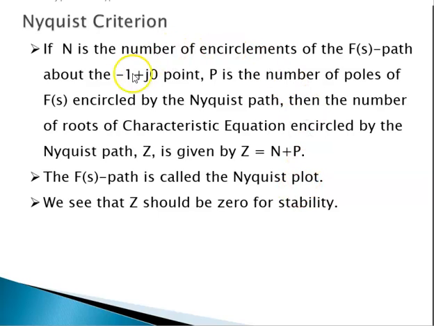Okay. So we count how many times this Fs path encircles -1 plus j0, and p is the number of poles of Fs encircled by Nyquist path. Then the number of roots of the characteristic equation encircled by the Nyquist path is given by z is equal to n plus p. Okay, we see that z should be 0 for stability.